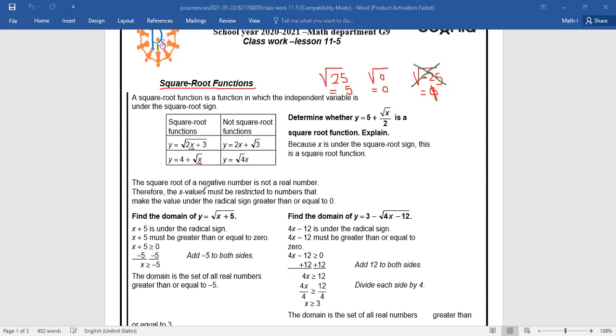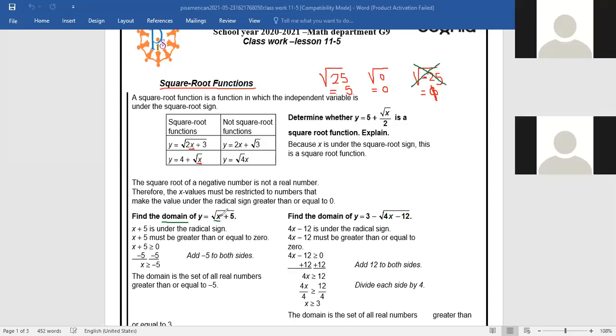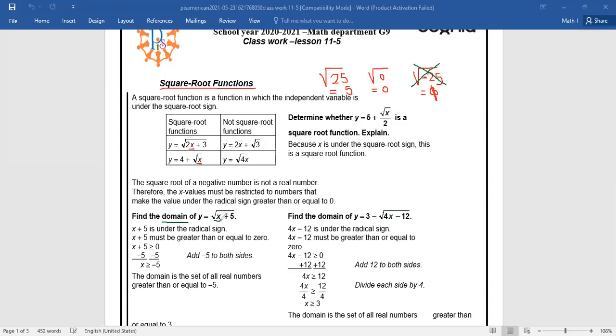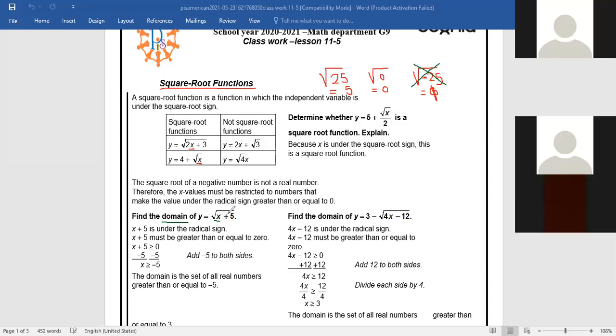Then, if we go back to talk about the domain, give me the numbers which we can substitute for the value of x to give us an answer, so that the expression doesn't become meaningless.